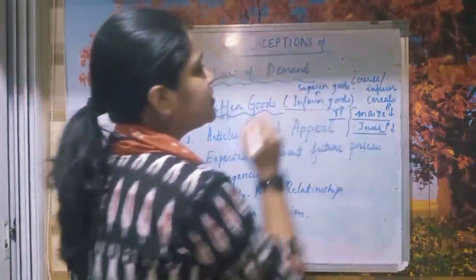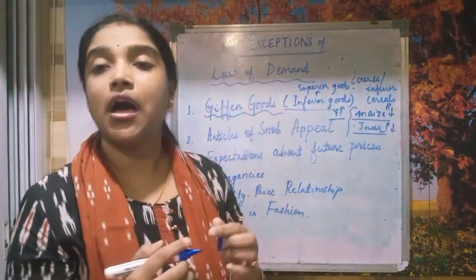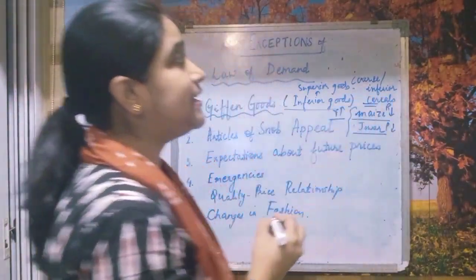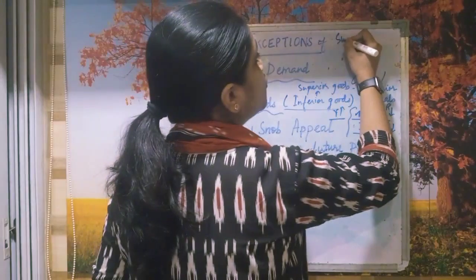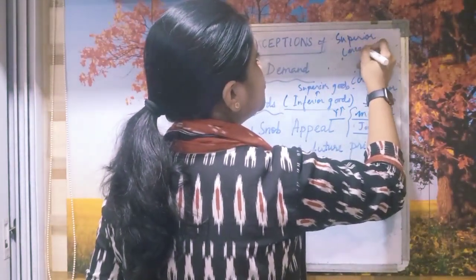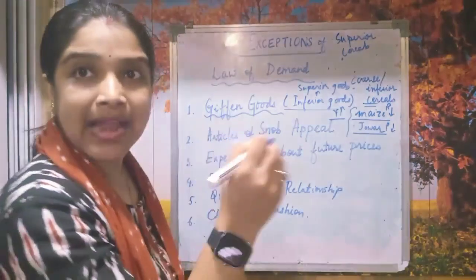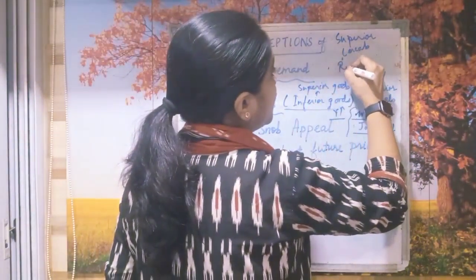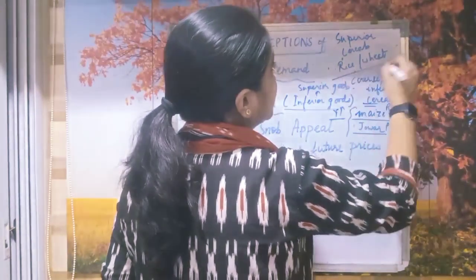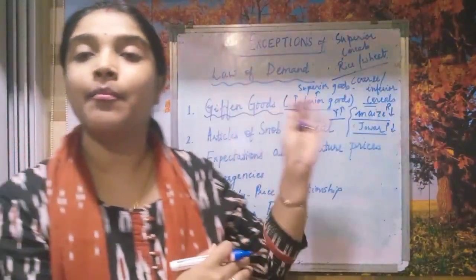So the consumer no more consumes inferior cereals, but he now switches to superior cereals. He prefers to buy rice, he prefers to buy wheat. These are the products that he buys.